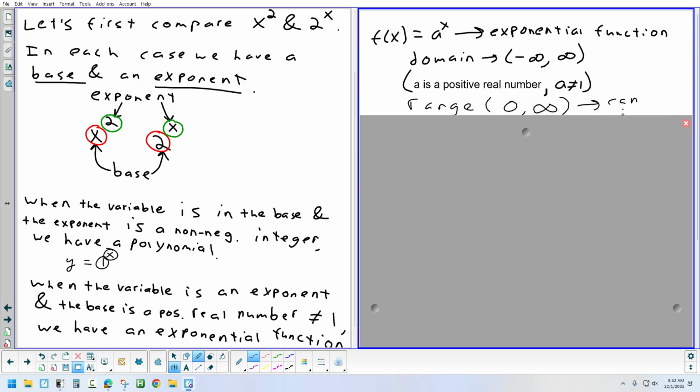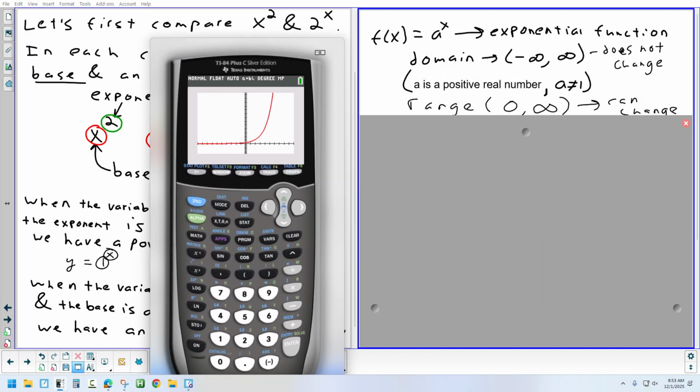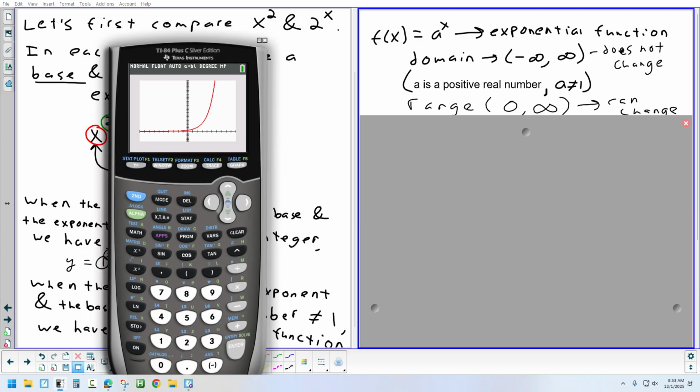This can change. The domain does not change. So why doesn't the domain change? Well, it goes forever left and right. So if you shift it to the right a little bit, it still goes forever left and right.